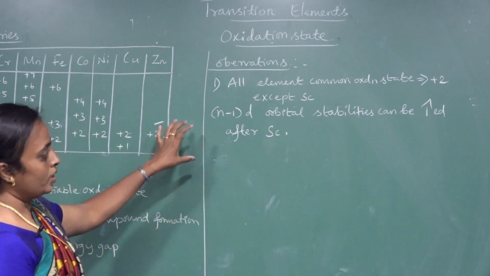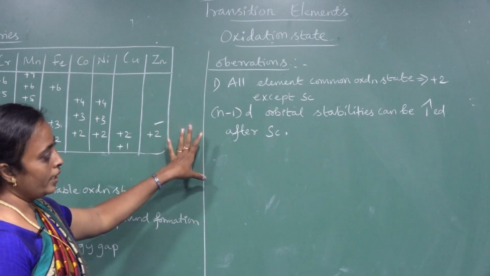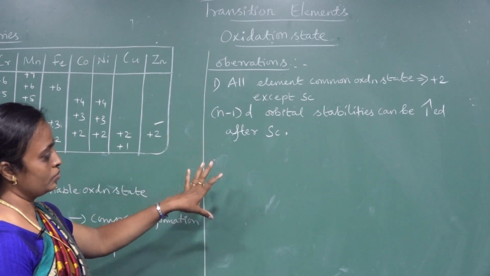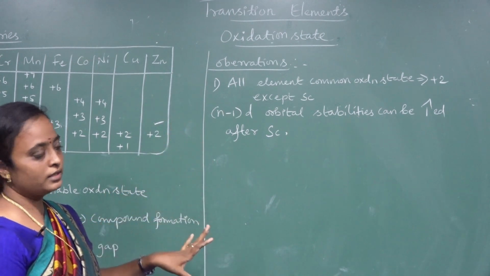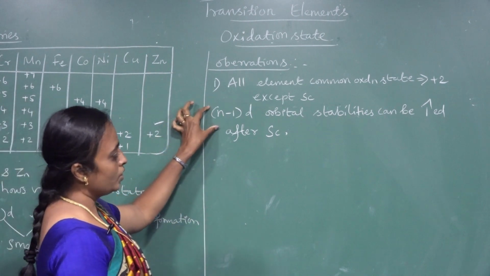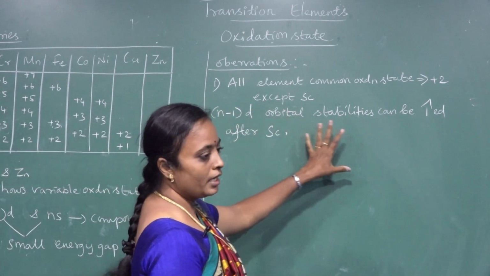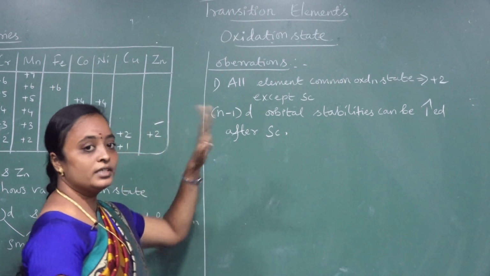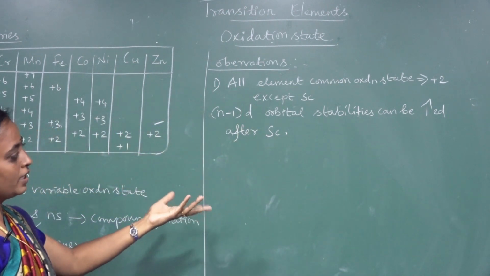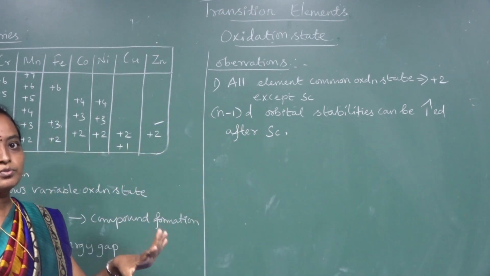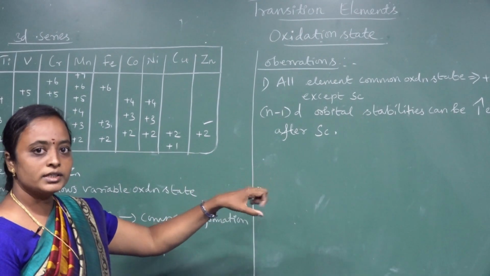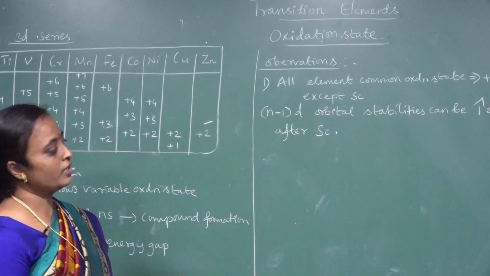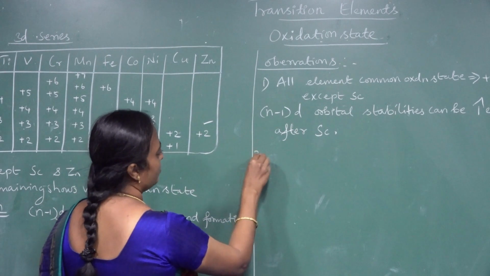That is, after scandium, the n-1 d orbital electrons are used for compound formation.